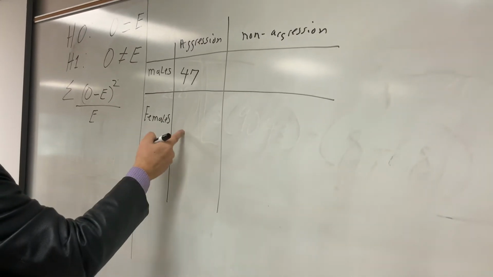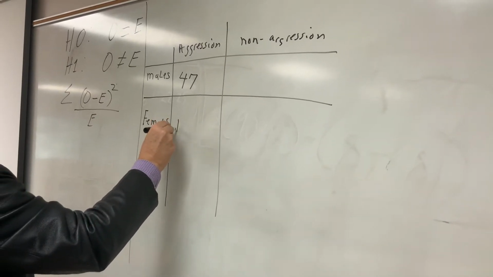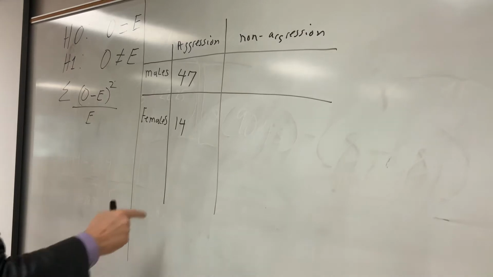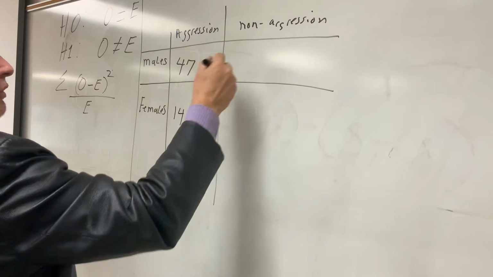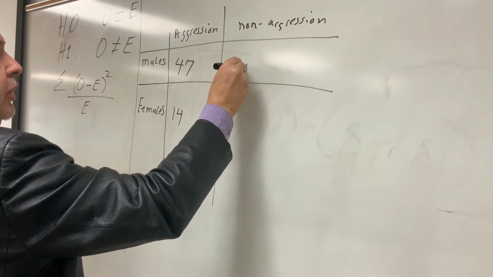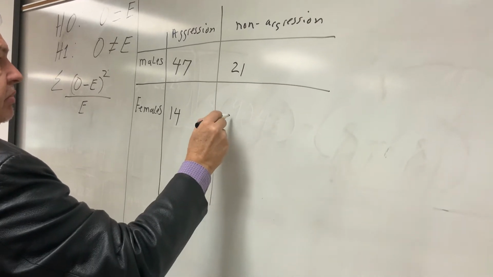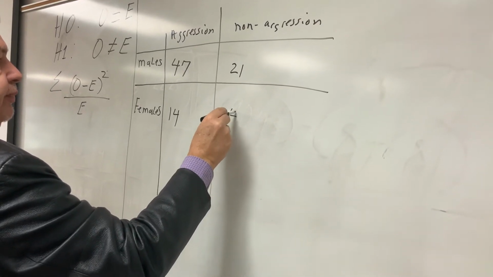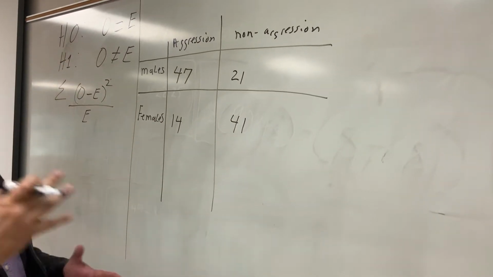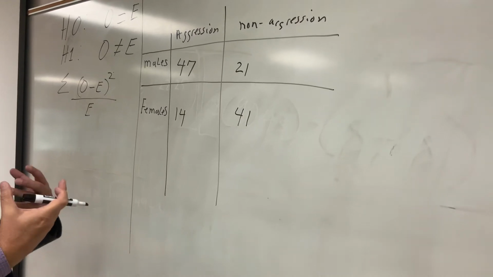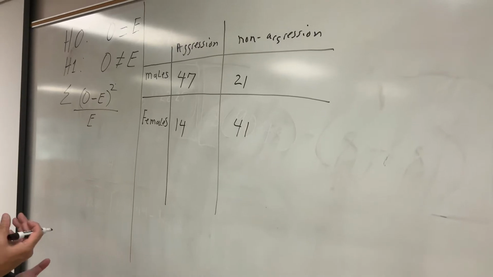And I observe, let's say, 14 females. Now the non-aggressive, I observe 21, and I observe, let's say, 41. So that's my data. That's my raw data that I have extracted from observing youth who have been watching violent video games.